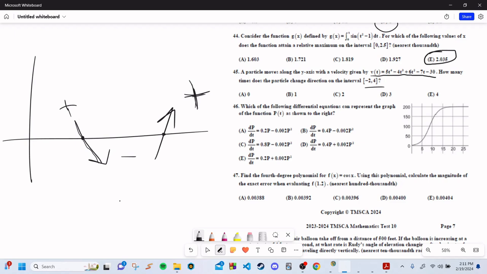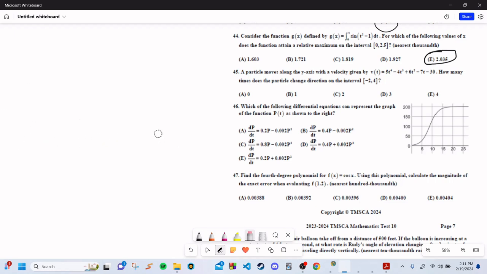It's like if you turn around. So all we really need to do in this question is graph this function, f of t, and see between -2 and 4 how many zeros there are, and that's our answer.